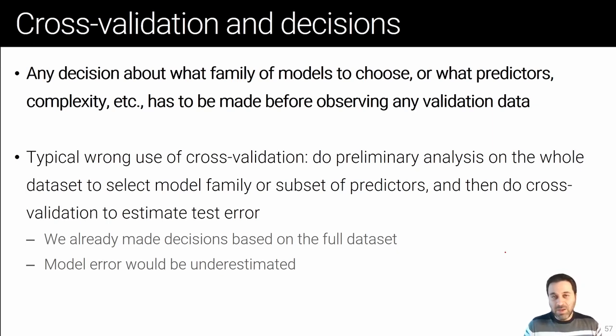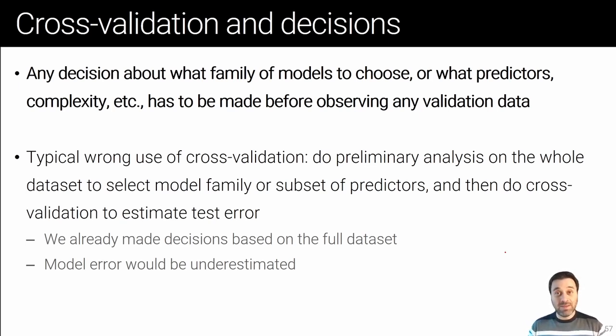Well, we already made a decision based on a look at the whole dataset. It doesn't matter if afterwards we randomly split it. We already made a decision based on the whole thing. So this estimate of the test error is going to be underestimated. The model is expected to perform worse than it shows through the cross-validation process.